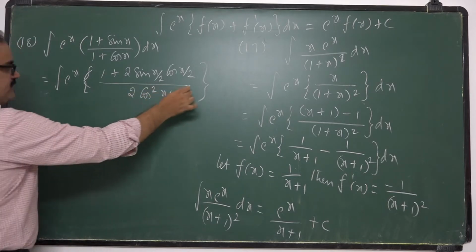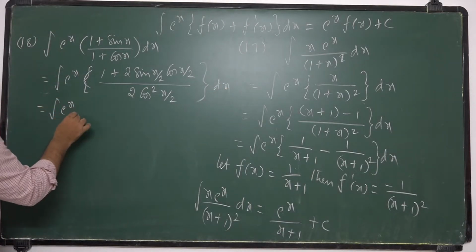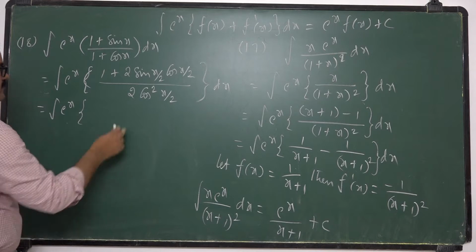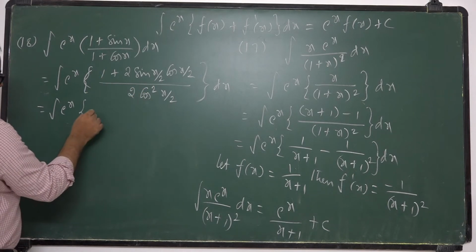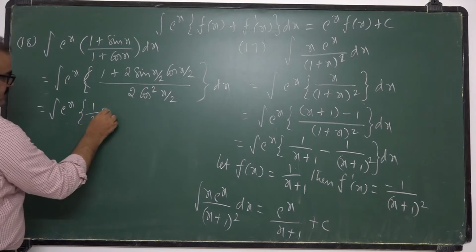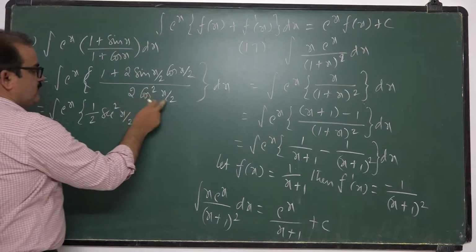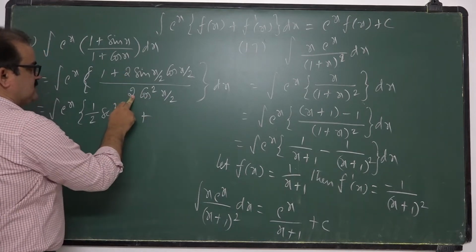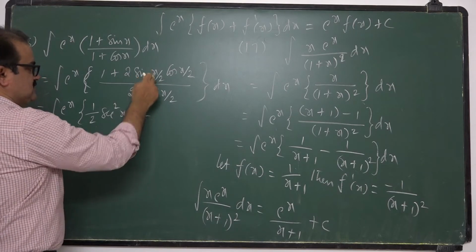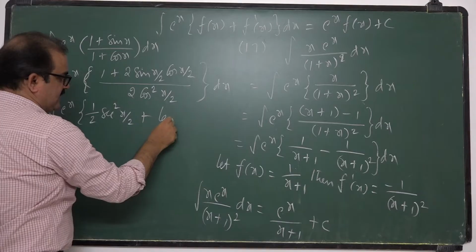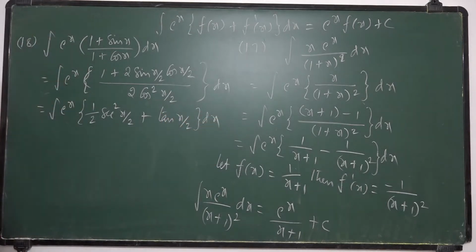Now divide it separately. Integral e power x into, divide separately, 1 by cos square x, secant square x. So it is 1 by 2 into secant square x by 2 plus, in the second part 2 cancels, cos x by 2 times, cancel, sin by cos, that is tan x by 2 into dx.